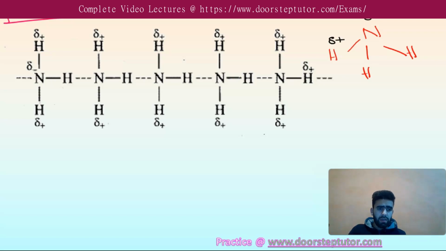So in ammonia, hydrogen bonding also occurs. Let us have a look at how hydrogen bonding occurs in ammonia, and here also the type of hydrogen bonding is intermolecular.